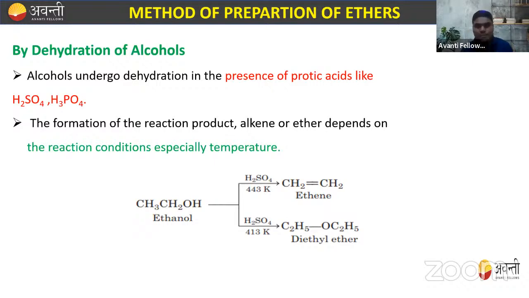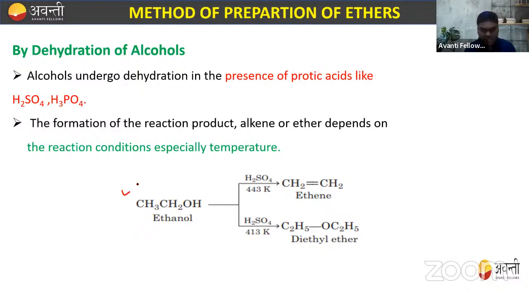I already focused a lot on the temperature point. Why? Because only due to the difference in temperature we get three different products. At 383 diethyl sulfate, at 413 ether, and at 443 we get alkene, or we say ethene, right?